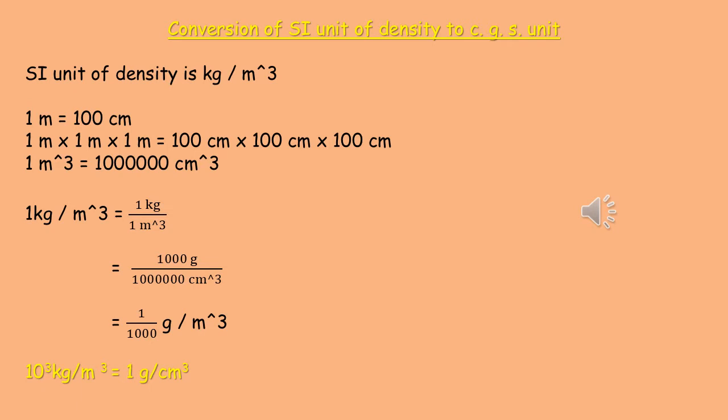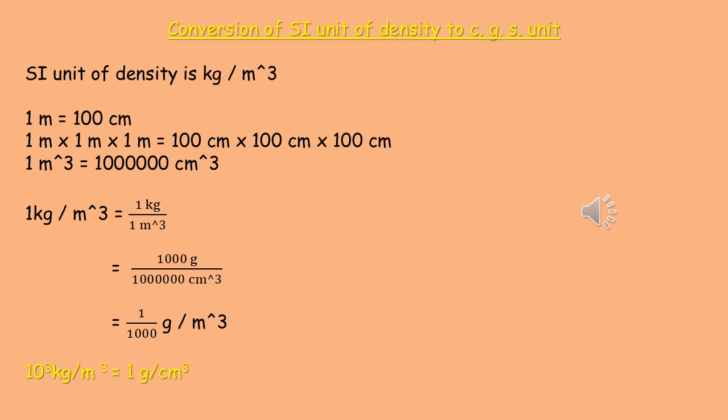This slide is very important for doing numerical problems. In the previous slide we have seen that the density of water in SI units is 1000 kg per meter cube, and in CGS units it is gram per centimeter cube. But how to do this conversion?